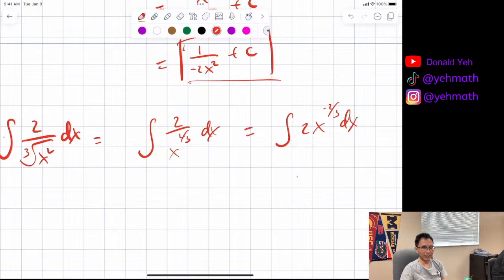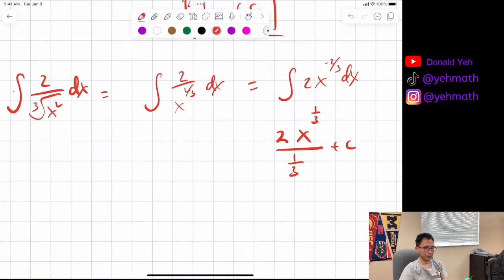So now negative 2 thirds plus 1 third, that's going to be x to the 1 third, and you divide by 1 third. And how do you do that? Keep change flip. So that 1 third becomes 3 over 1 when you multiply. So it'll be 6x to the 1 third plus c. Does that make sense?